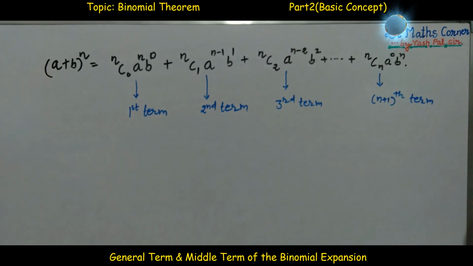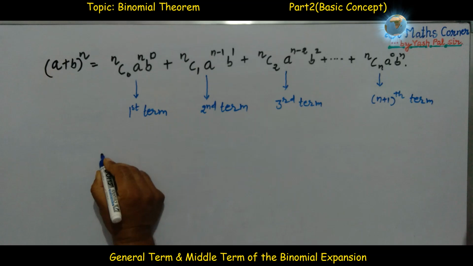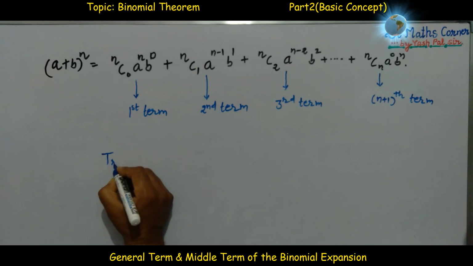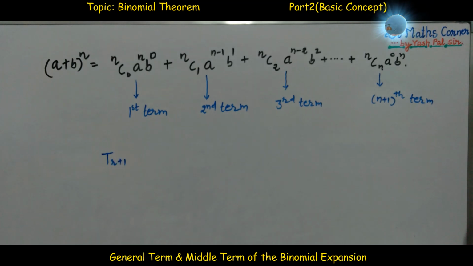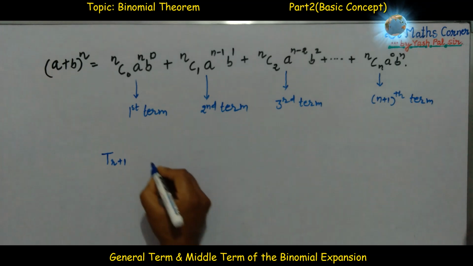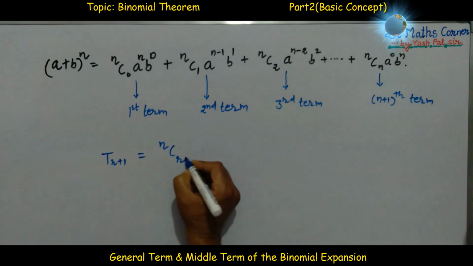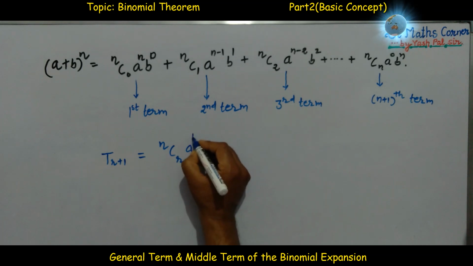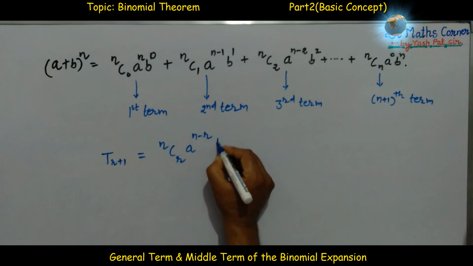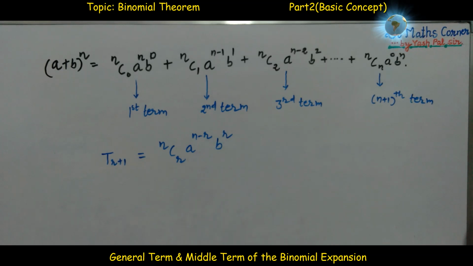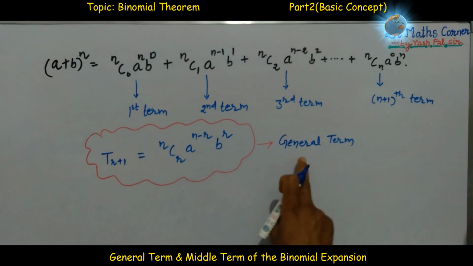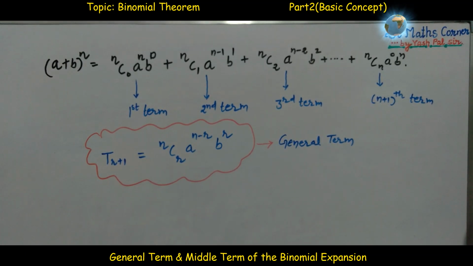From this conclusion, if we are interested in finding the (r+1)th term, it is nCr a^(n-r) b^r. This is called the general term.